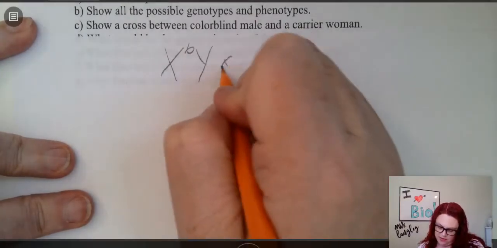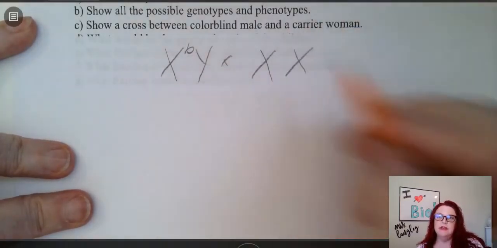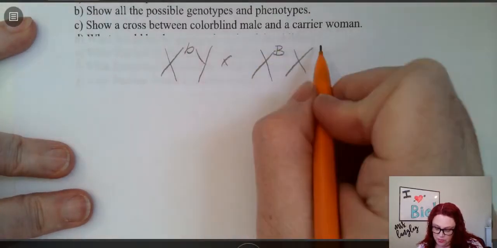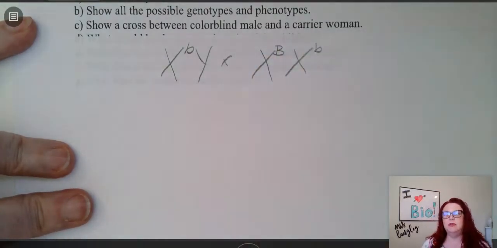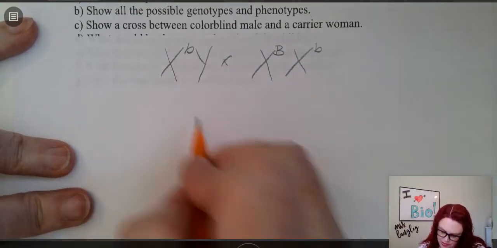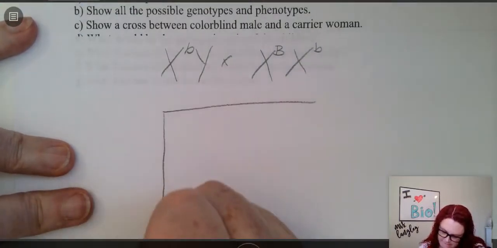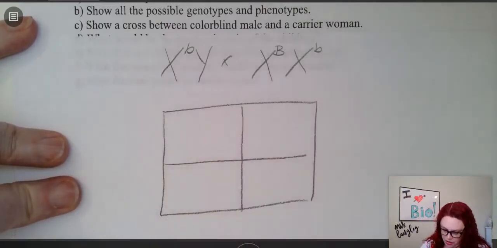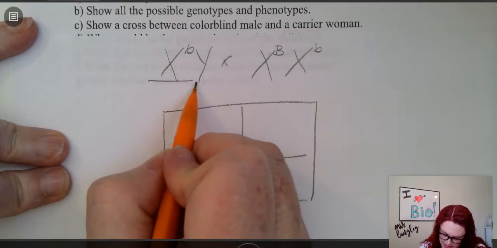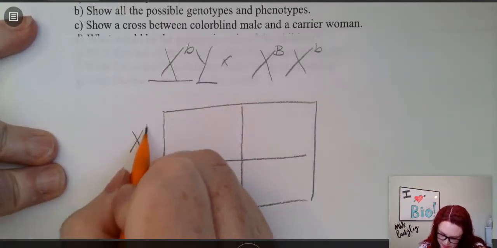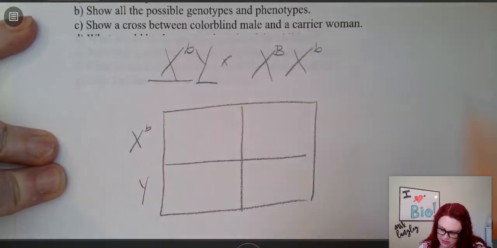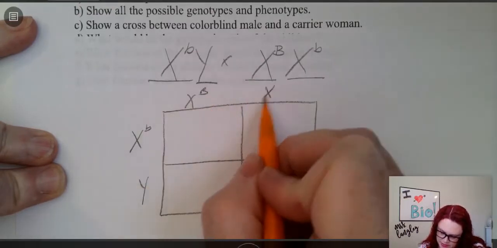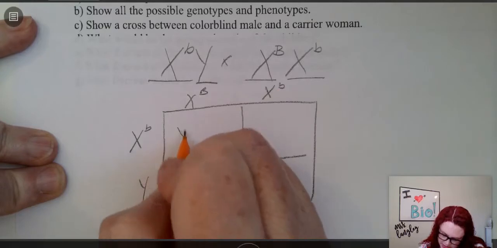Cross it with a female, so that's XX, who is a carrier, so that means has normal but could pass on the recessive. We do our cross. Here's a gamete and here's a gamete. So X with a little b and a Y. Here's a gamete and here's a gamete. X with a big B, X with a little b. And then put them back together.